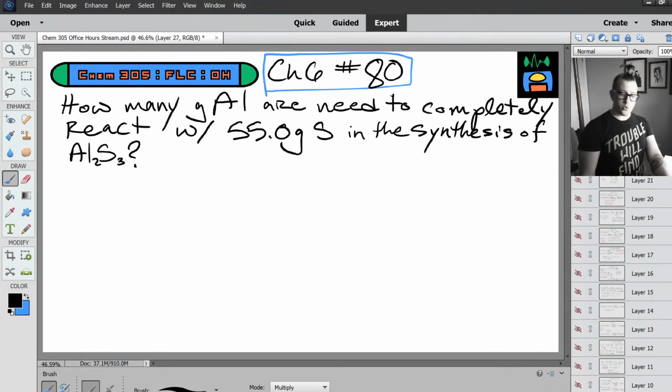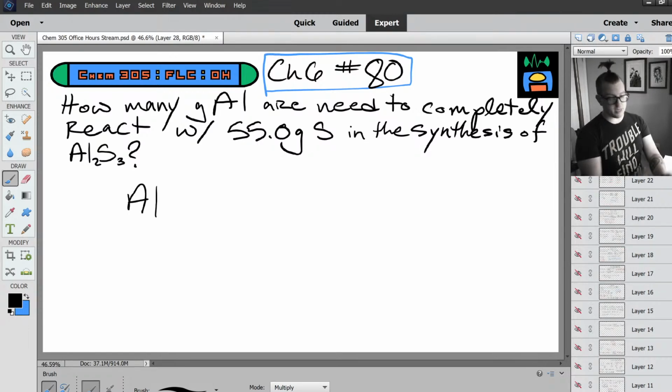All right, so to do this problem, we need a balanced chemical equation, and they don't give us one, but I'm here. I will either give you one or tell you what your reactants are. And they low-key tell us our reactants, but I can see how this would be confusing.